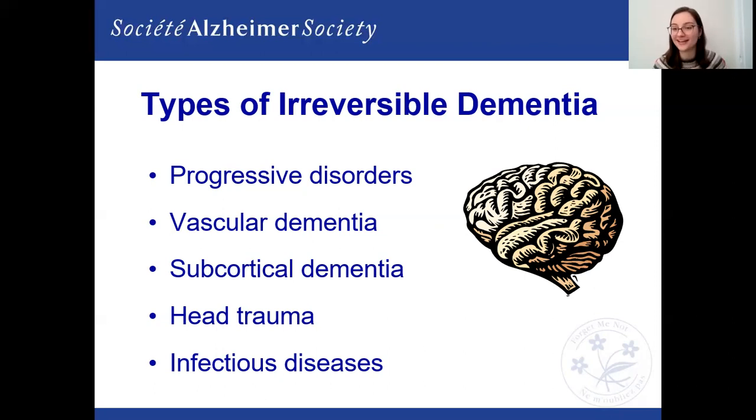You don't have to remember that, we call it CTE. That's another form of dementia. So this is kind of an overview of some of the irreversible forms of dementia. There are also ones caused by infectious diseases like HIV and AIDS, though these are more rare.